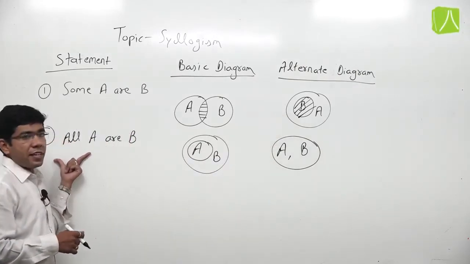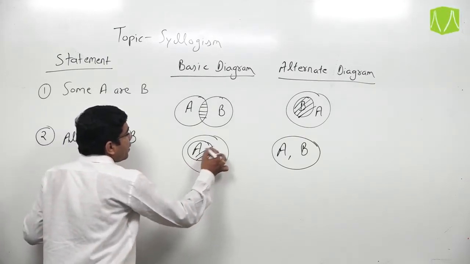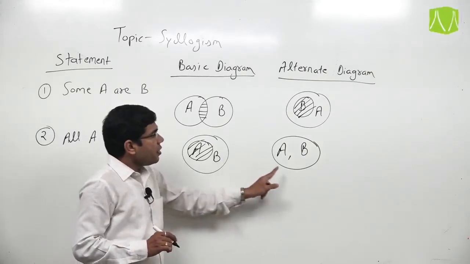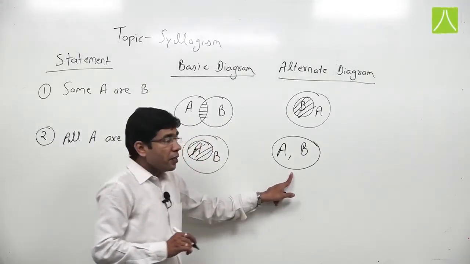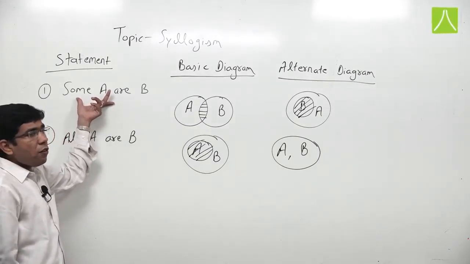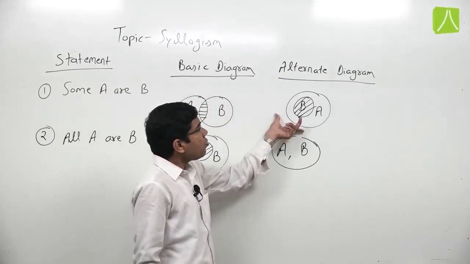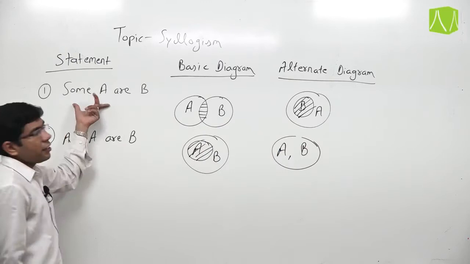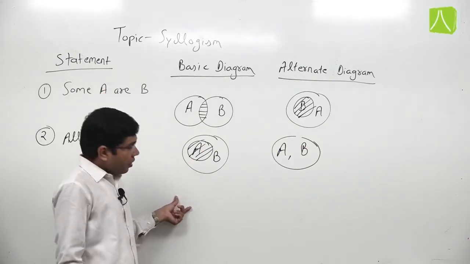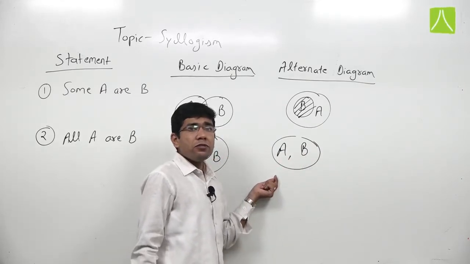As in the statement number second, all A are B, the given condition is like this. Now we can define this statement with the help of this diagram also, but the difference is that in this statement given is only some A are B, but in the alternate diagram we draw all B are A, which is not given, and in this statement given is all A are B. Here all A are B is showing, but all B are A is also showing.